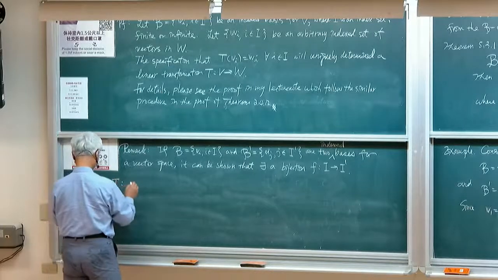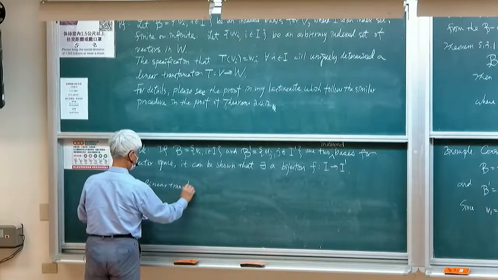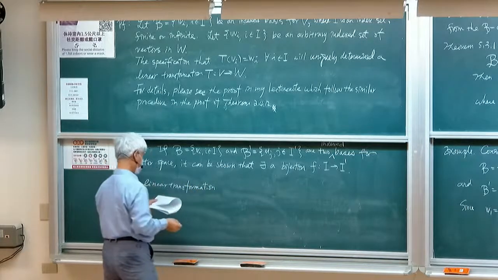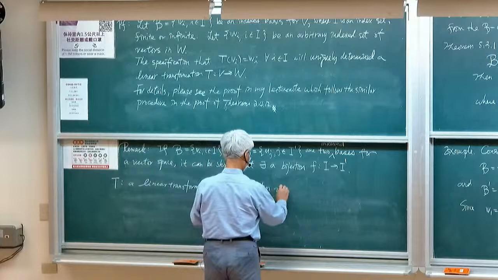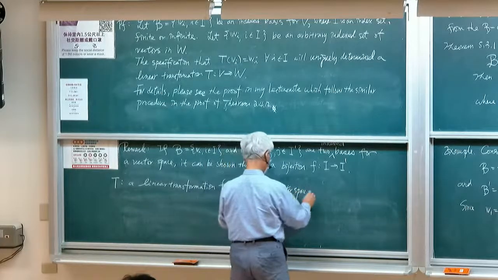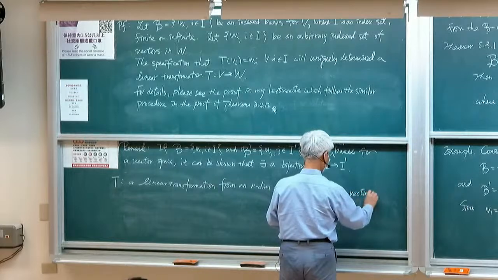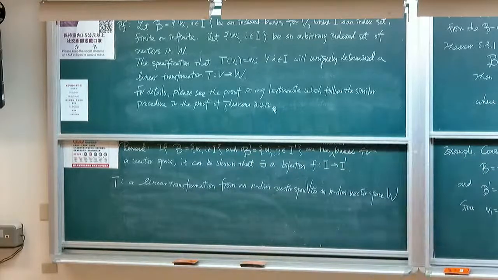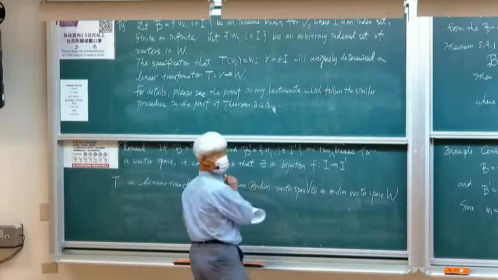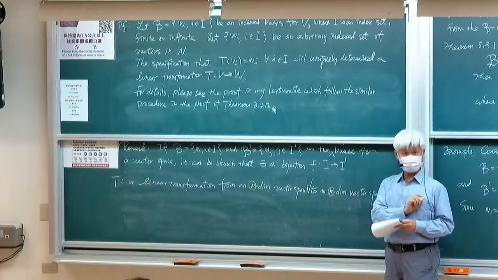So now let T be a linear transformation from an n-dimensional vector space V to an m-dimensional vector space W. I have to highlight the dimension here, and the finite dimension is very important, so that the domain and the codomain are finite dimensional vector spaces.